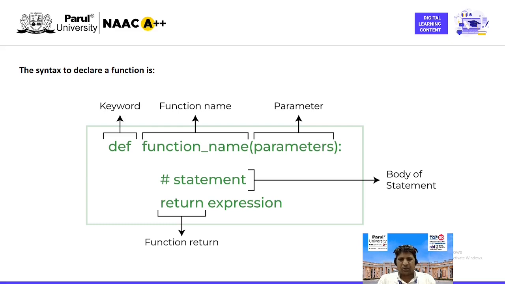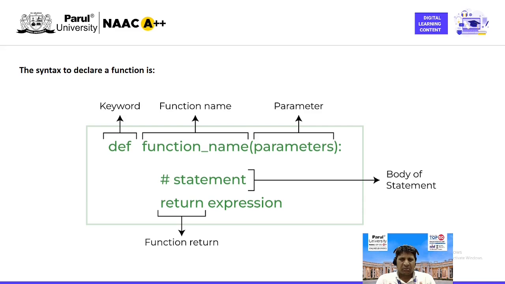Suppose you want to give the function a name like abc or sum or print or hello, whatever, then you can write the name of the function here. The name of the function is the identification of the function. The next is parameters, if you want to pass parameters to the function.